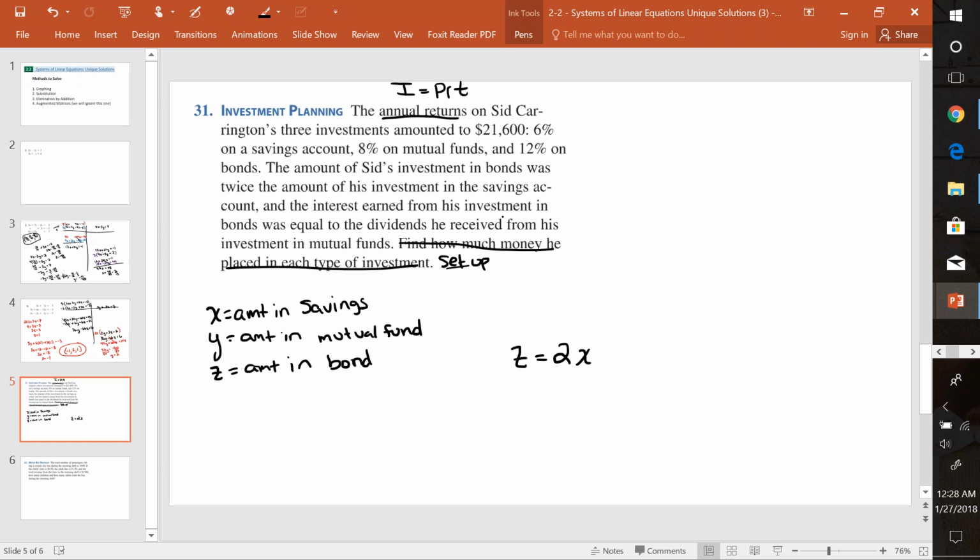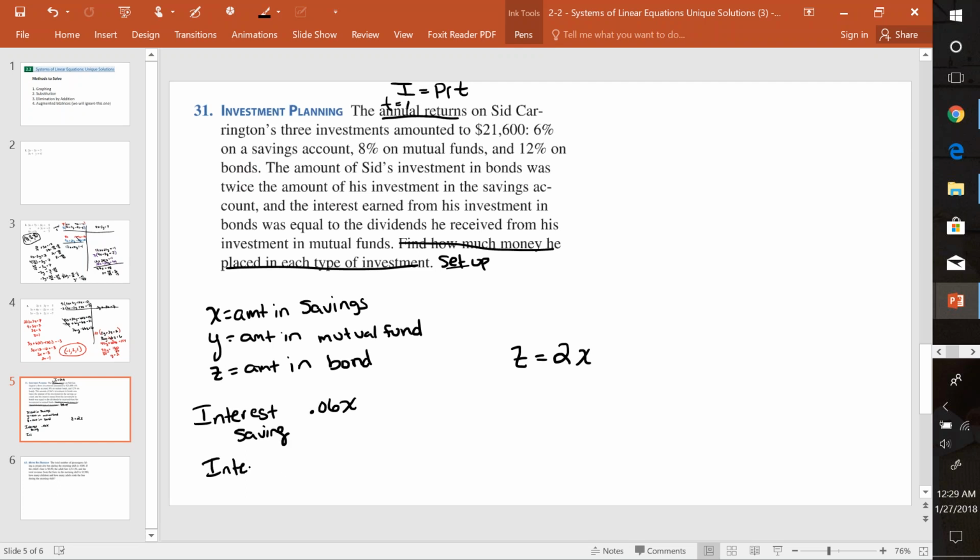The interest he earned on his investments in bonds was equal to the dividends on his mutual funds. So those are both interest things. So we need to talk about the interest that he's earned. The savings was at 6%, so that would be 0.06x times 1 year. So 0.06 is the rate, x is the amount, and t is standing for 1 year since t is annual. So that's a single year. So his interest in savings is 0.06x.